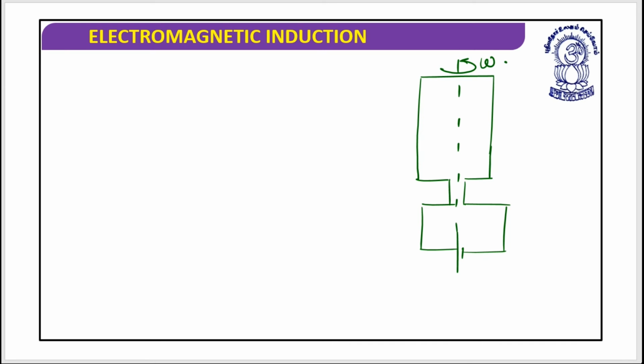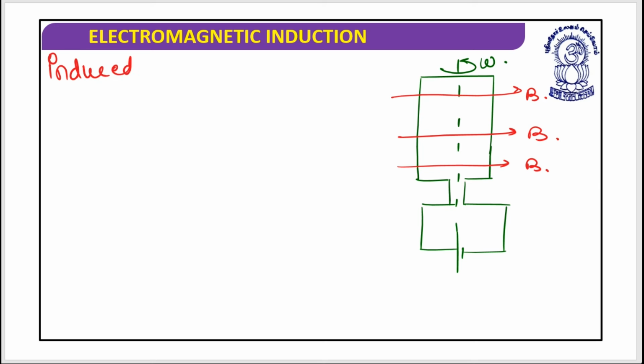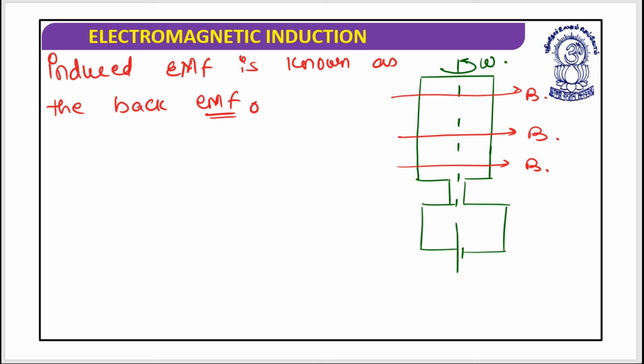So this was the situation, this is the magnetic field, and if it is working up till now, we don't have any issue. But now the situation worsens, as this induced EMF is known as the back EMF. This is going to oppose the motion.